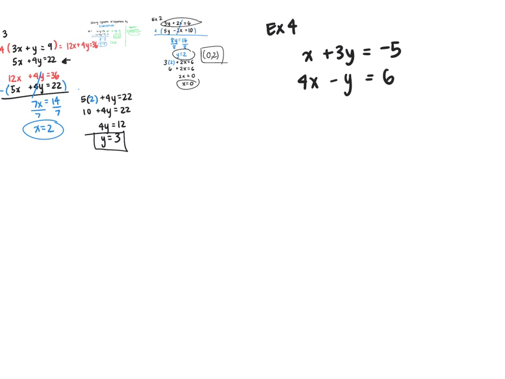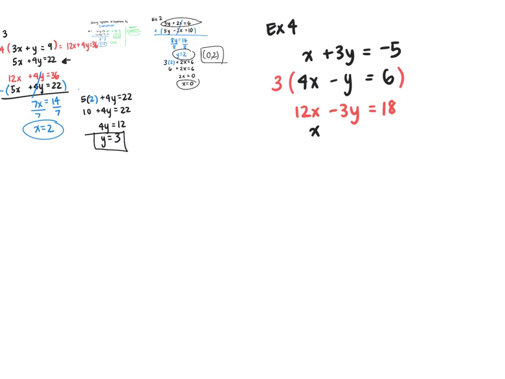Well, we could either multiply the first equation by 4, and then subtract, or we could multiply the second equation by 3, and then add those two equations. So here, if we multiply this whole thing by 3, we're going to get 12x minus 3y equals 18.